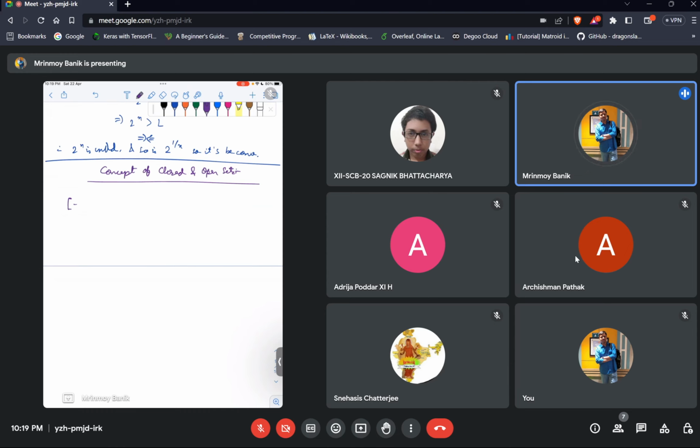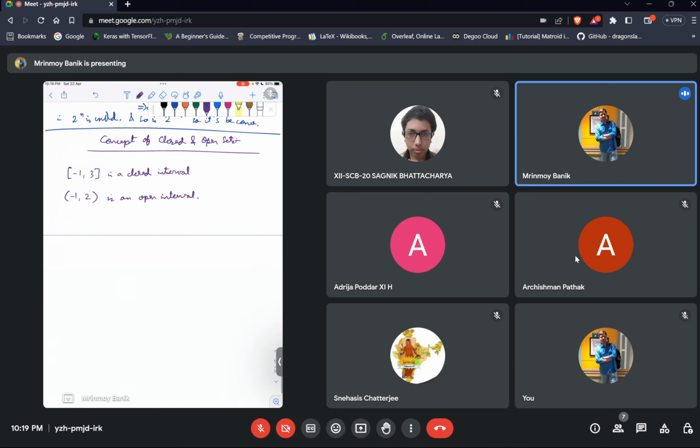Like if I say -1, 3 is a closed interval. Similarly, -1 to 3 open is an open interval. What about something like -∞, 0? This is also an open interval.